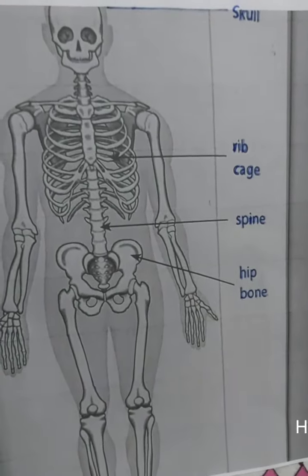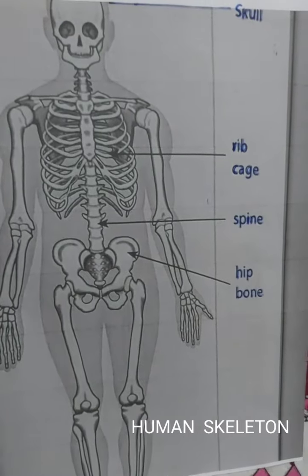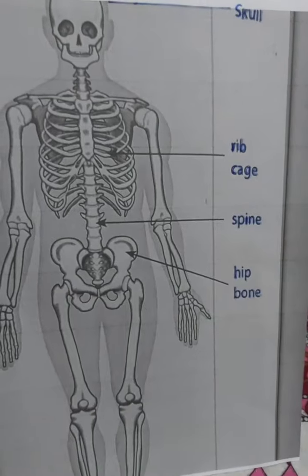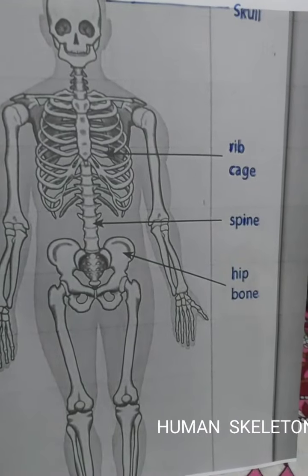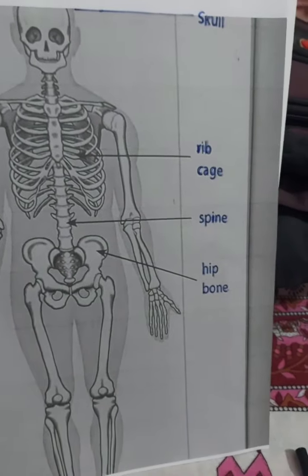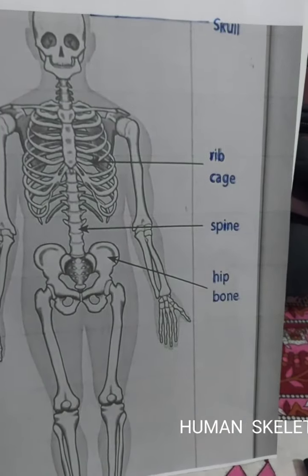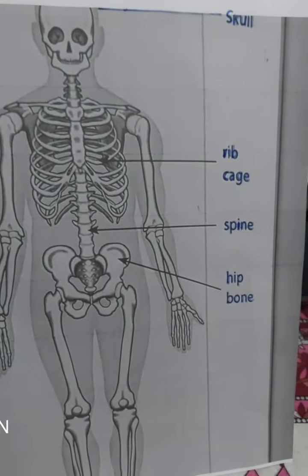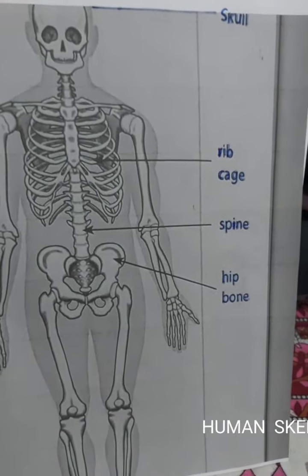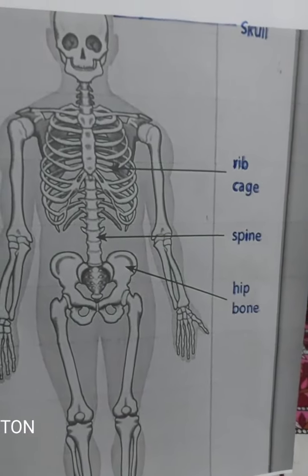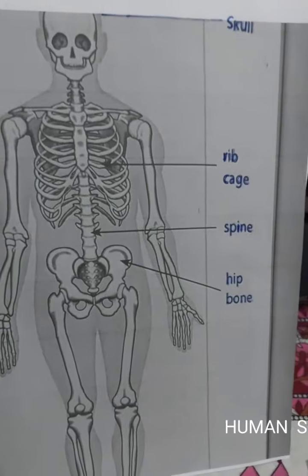Now, what is the use of the skeletal system, or what are the functions of the skeletal system? This skeletal system gives shape to the body. It helps the body to move from place to place. It supports and protects organs like the heart and the brain from being hurt or damaged.